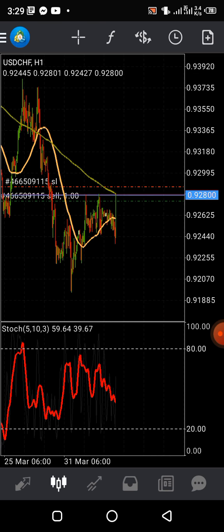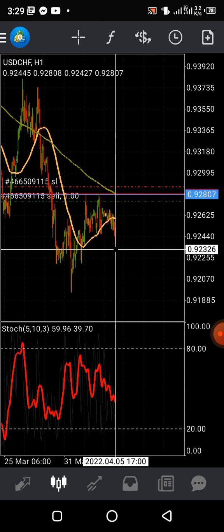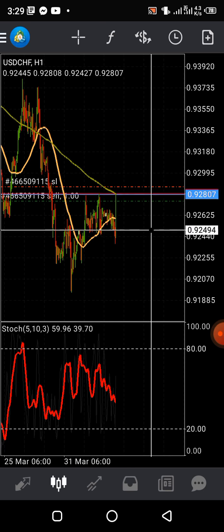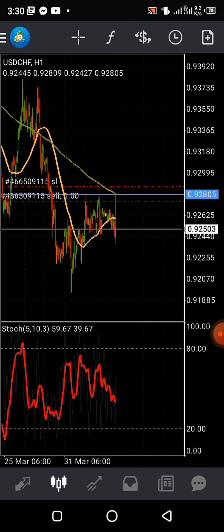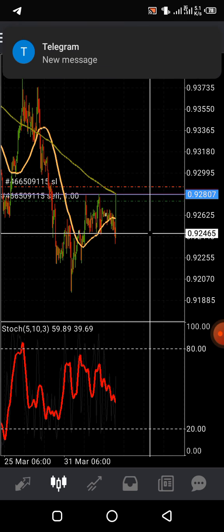All right, so at this point I want to also look into my target. My target should be bigger than my risk in terms of where I'm looking for a good risk to reward ratio. So I will be looking at this level. This level will be good enough to look into as a take profit for a quick one.